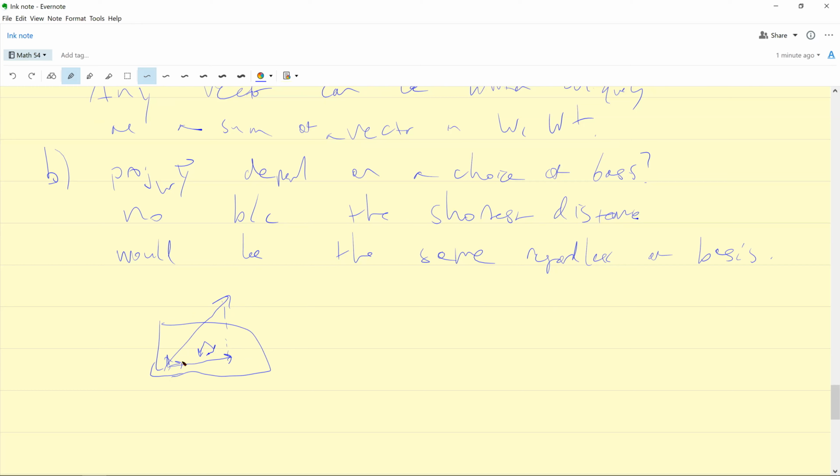I drew them in different spots just for clarity. But this minimized distance doesn't depend on the basis. Another way you can see this is, again, using the orthogonal decomposition theorem. There's exactly one vector here, and it will be the same regardless of which basis you choose to write it with. Right?